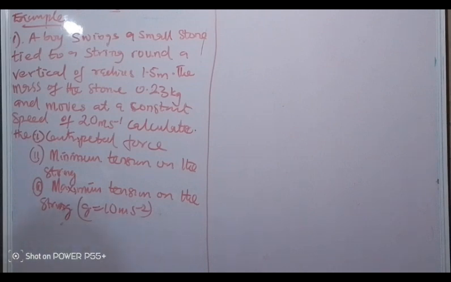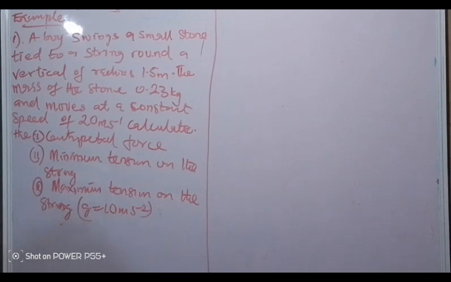The mass of the stone is 0.23 kg and it moves at a constant speed of 20 meters per second. Calculate 1. the centripetal force, 2. the minimum tension on the string, and 3. the maximum tension on the string.